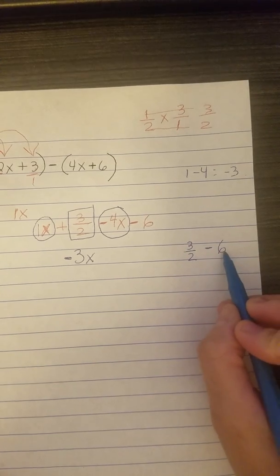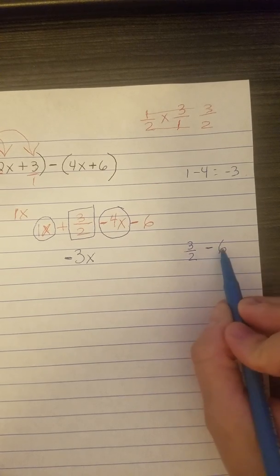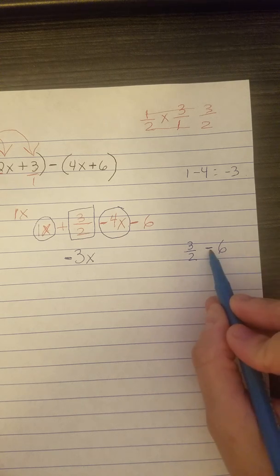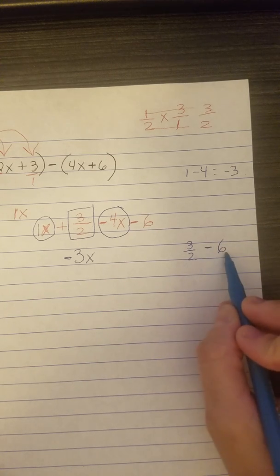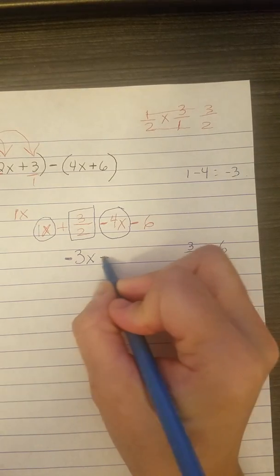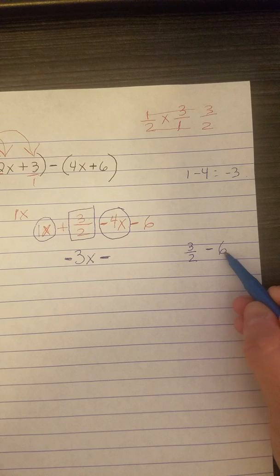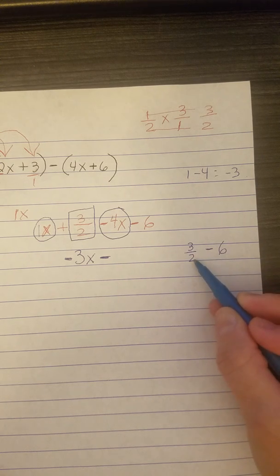You're going to be like, wait, a positive and a negative. Keep change. You're going to take the difference, and you know that your answer is going to be negative because the 6 is bigger. So we know already that your answer is going to be negative, so I'm going to put it here. Now, what is the difference between 6 and 3 over 2?